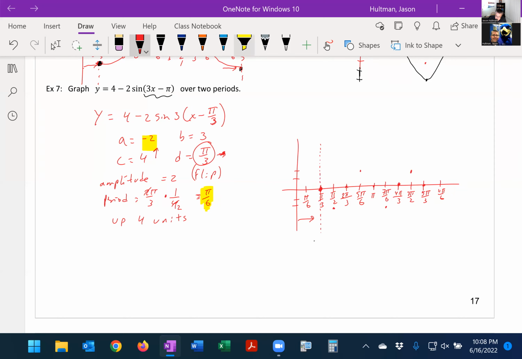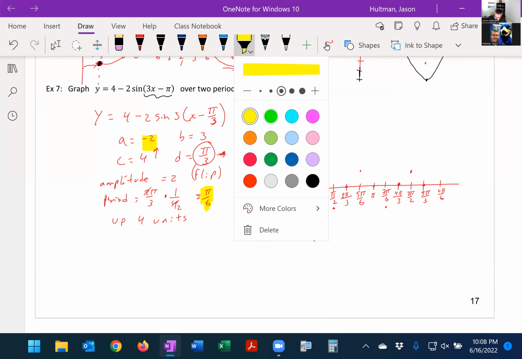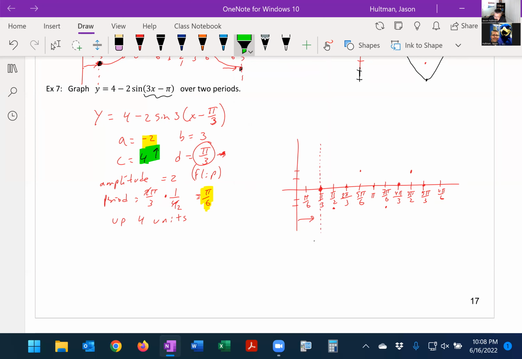However, we have not taken into account that we have to shift all of these points up 4 units. So the midline was at y equals 0, which is the x-axis. However, we're going to have to translate all of these points up 4 units. So 0 now goes to 4.